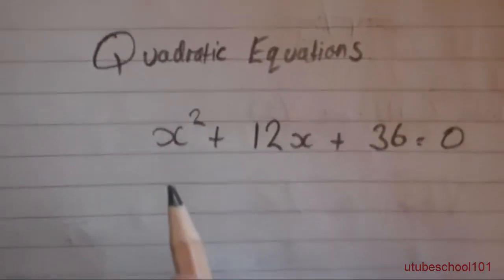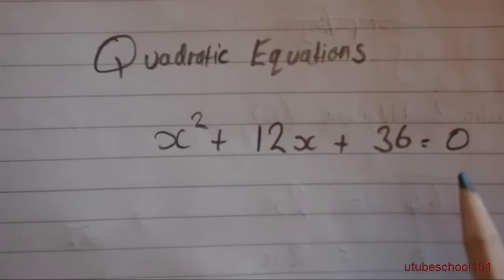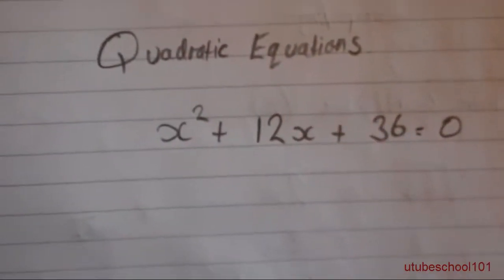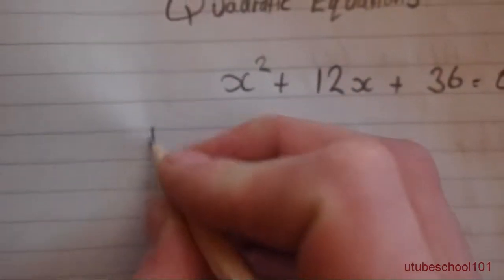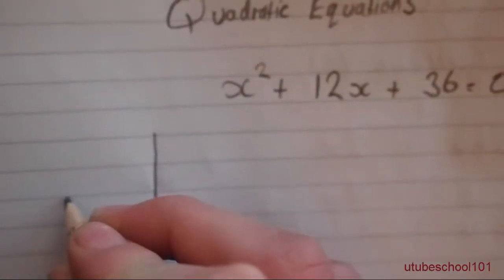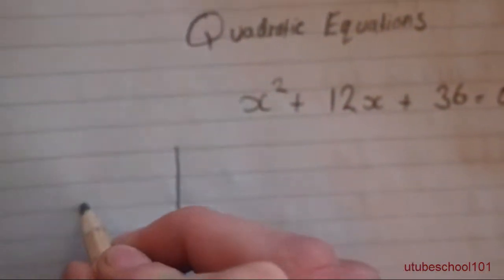If you try to work these out using the normal algebraic methods, you will not get an answer, and the reason is because there are two answers. You may ask, well, how can you have two answers? Surely one of them is right and one of them is wrong. Well, let me show you this.